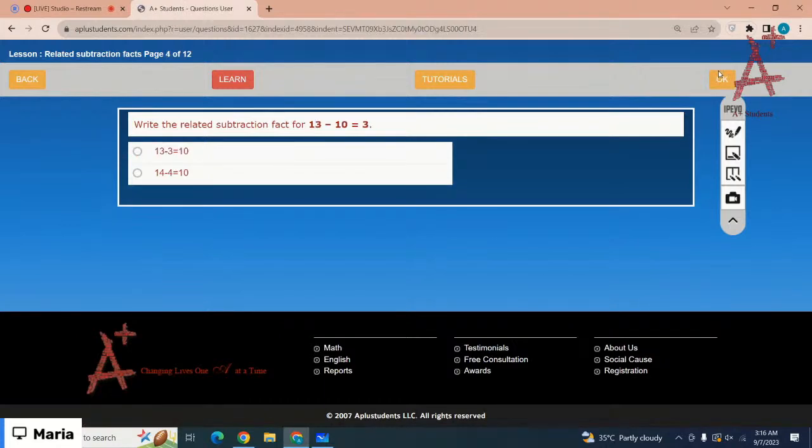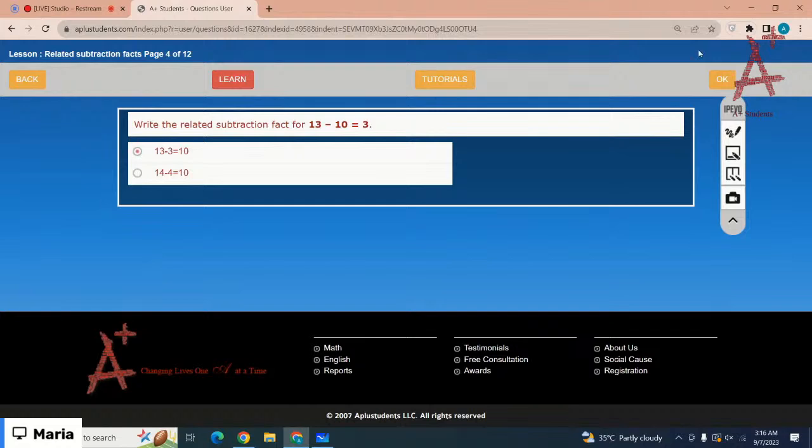Write the related subtraction fact for 13 minus 10 equals 3. So which is the correct option? 13 minus 10 equals 3. Yes, very good.